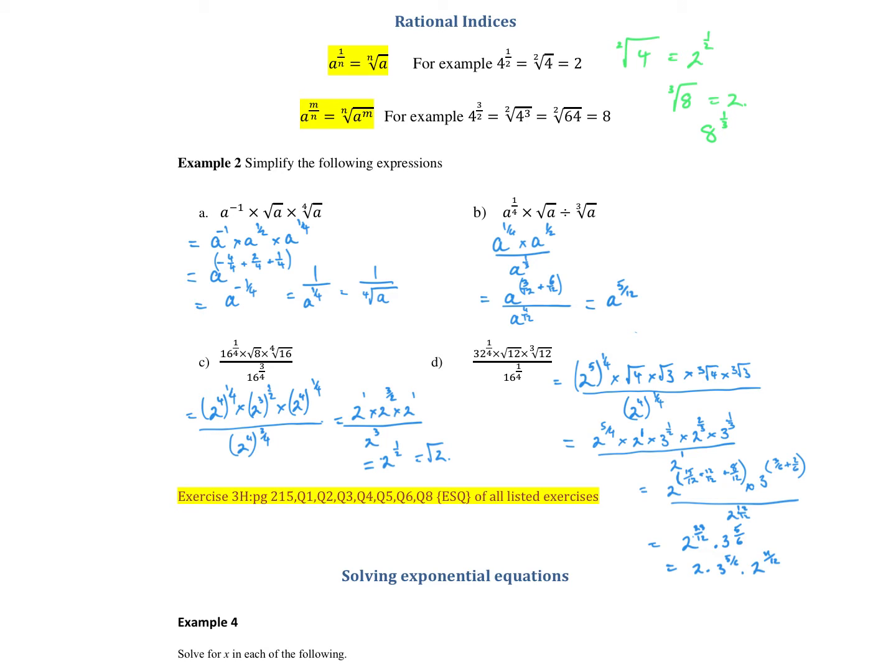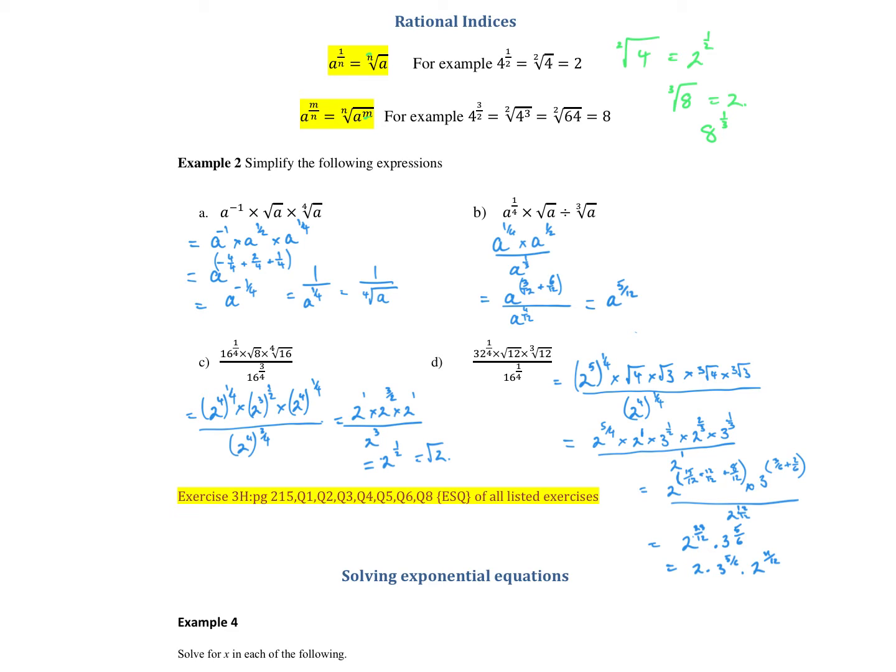Okay, so the little n there at the root sign tells you what denominator we need to put into the power of the fraction. And if under our radical sign we have a number raised to a power, that'll go in the numerator.